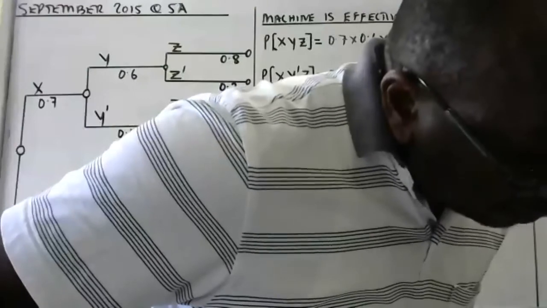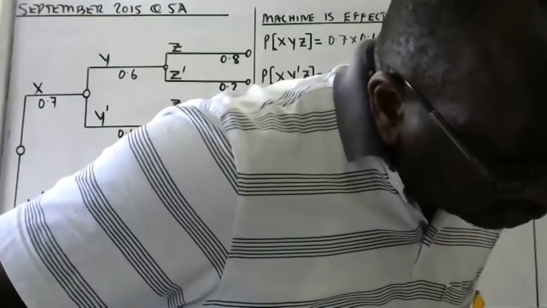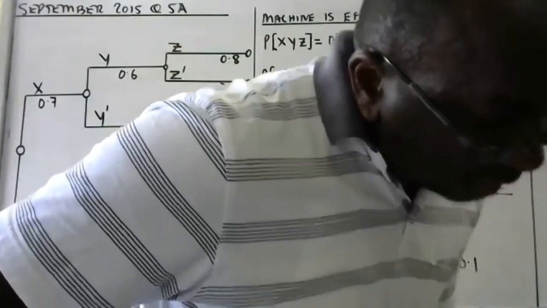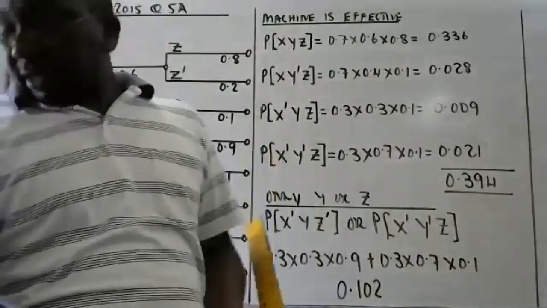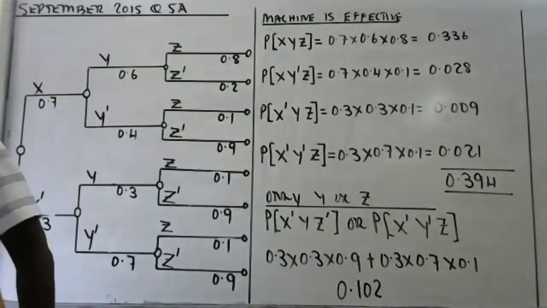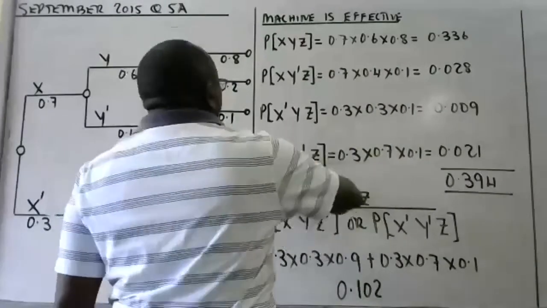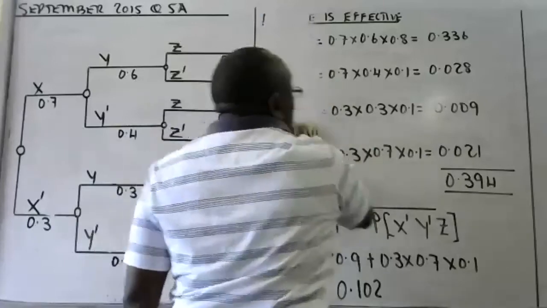Probability that component Y is in good working condition, given that Z is in good working condition. So that one is straightforward. Where Y is working and Z is working, that is the meaning.